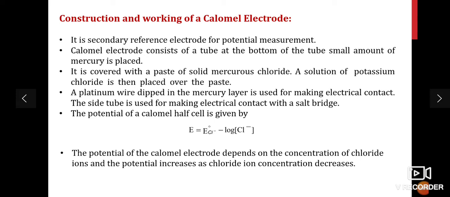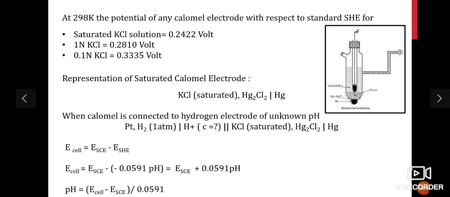This calomel electrode consists of a tube, as you see in this figure. At the bottom of the tube, a small amount of mercury is placed. It is covered with a paste of solid mercurous chloride, that is Hg2Cl2.